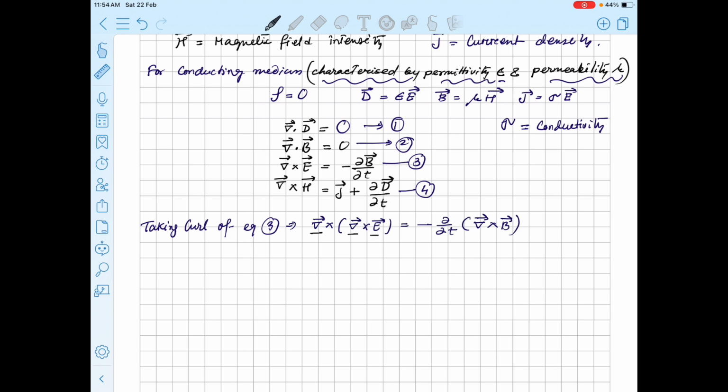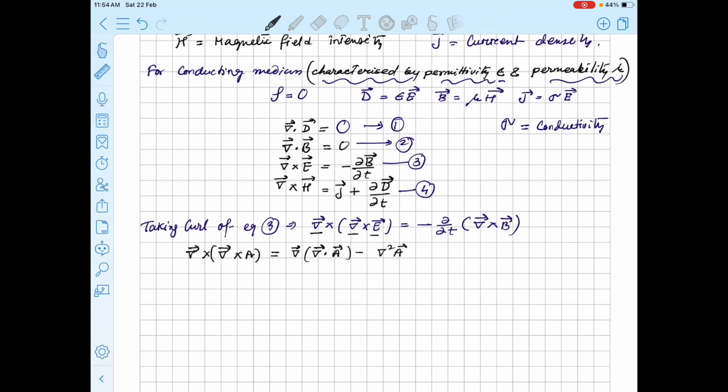So if we apply that identity, curl of curl of a vector equals gradient of divergence of that vector minus del square of the vector.